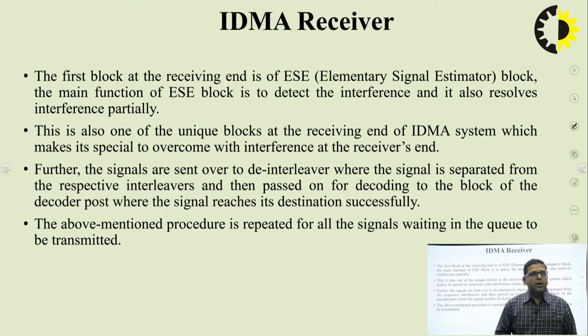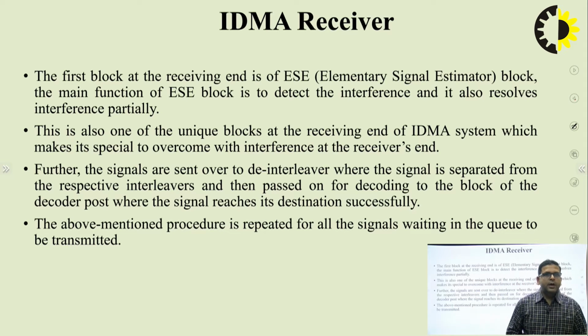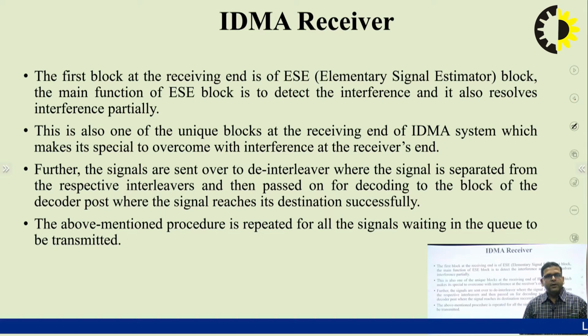The first block at the receiving end is the elementary signal estimator block, and its main function is to estimate the interference, and it also resolves interference partially.